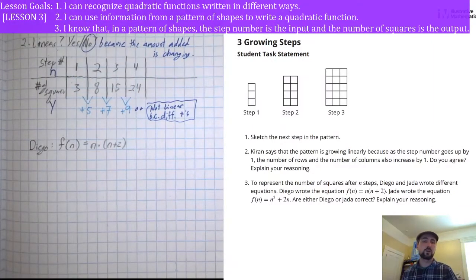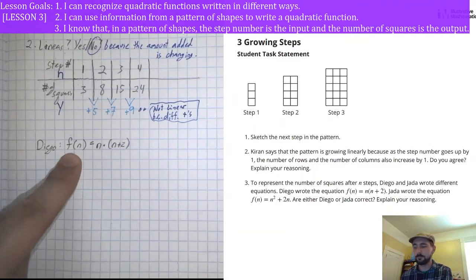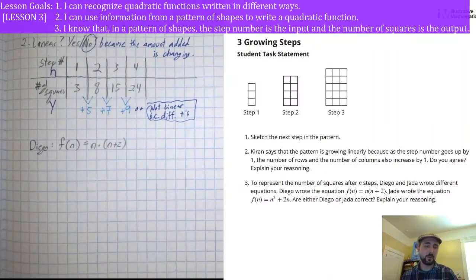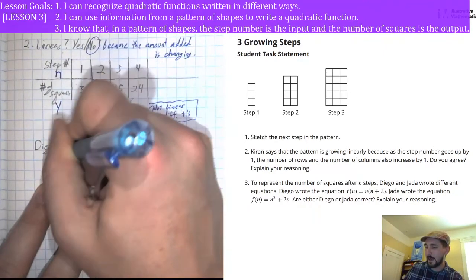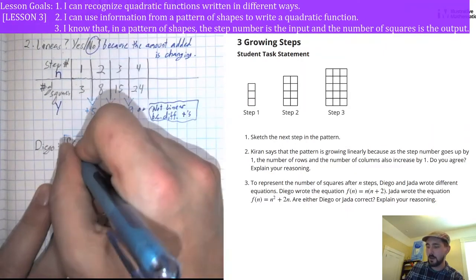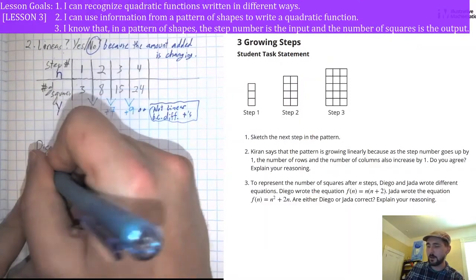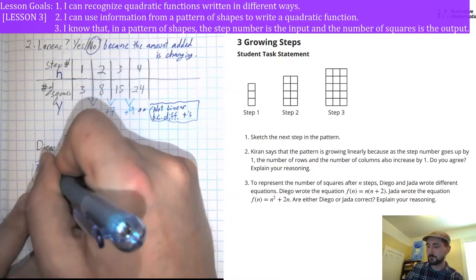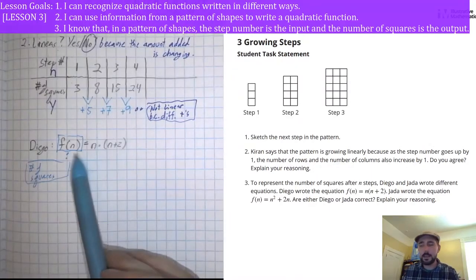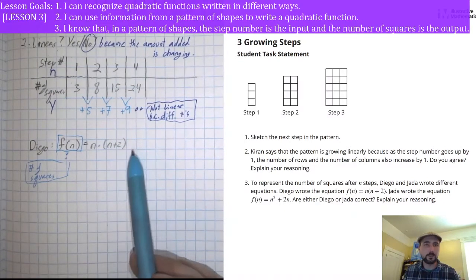All right, crash course reminder about functions. This is the output and the n's are the input. So just to clarify, this is like our y value, or this is telling us the number of squares. So this is saying the number of squares is n times n plus 2.